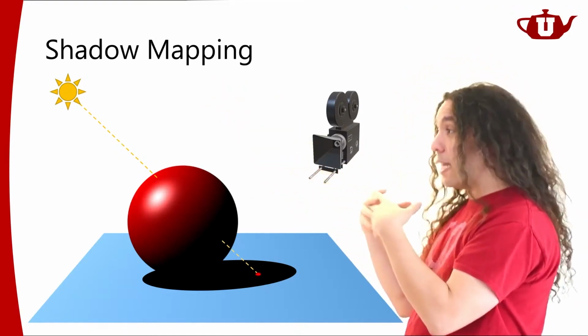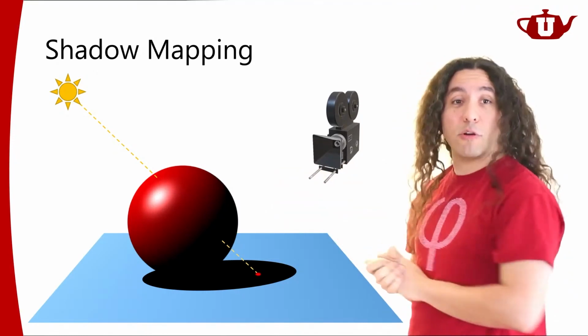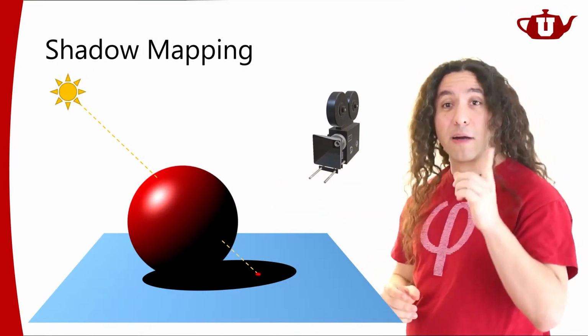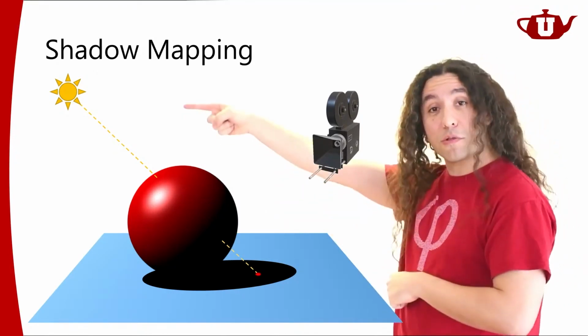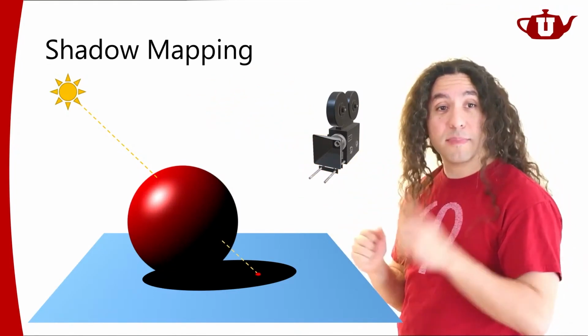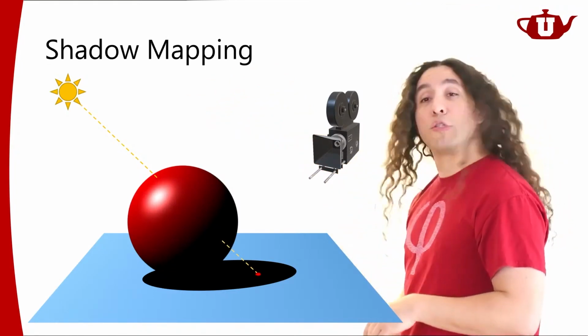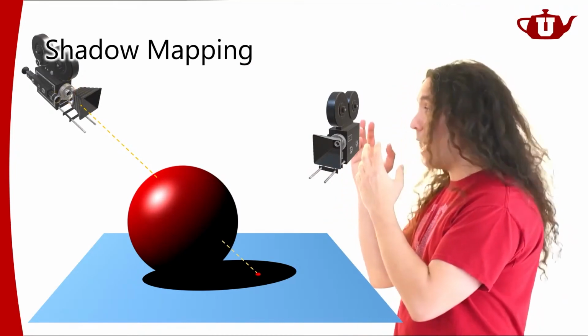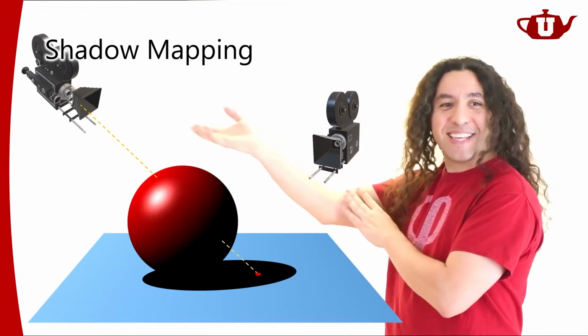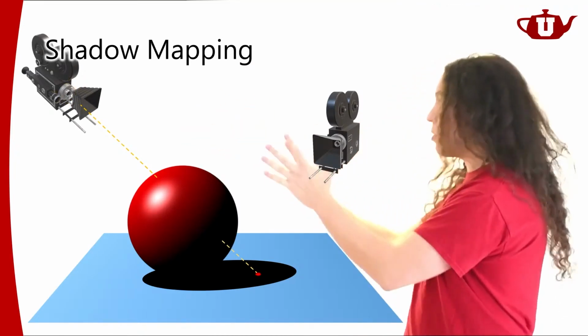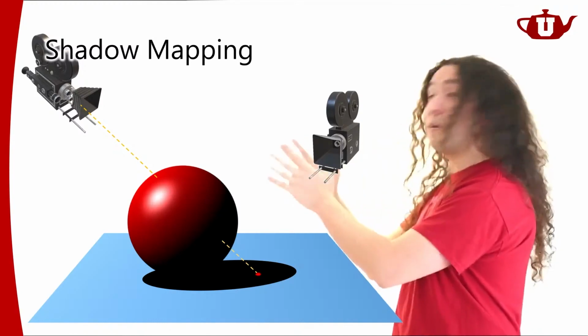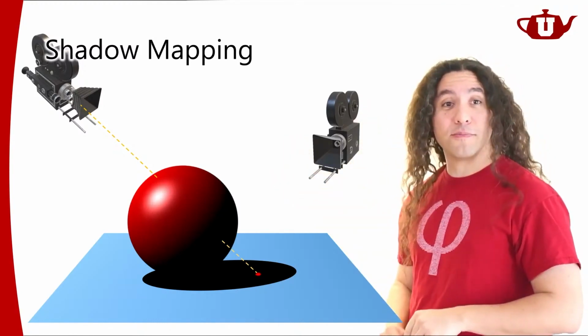If the light source cannot see that point, then it is going to be in shadow, right? So I just need to figure out whether or not my light source can see that point. That's the idea. So to do that, I am going to put a camera instead of my light source, and I'm going to render an image from my light source, right?